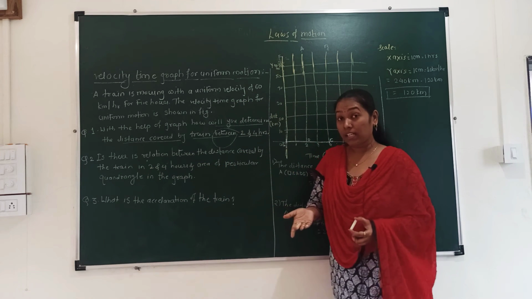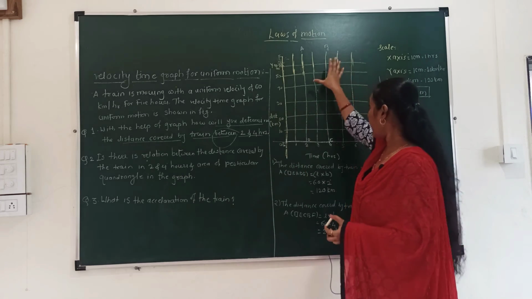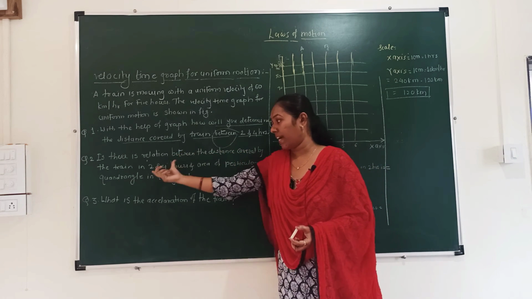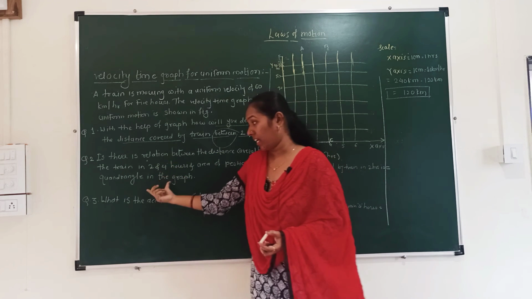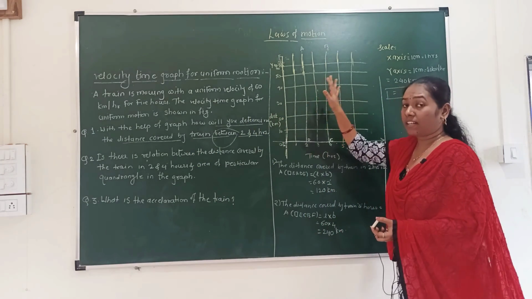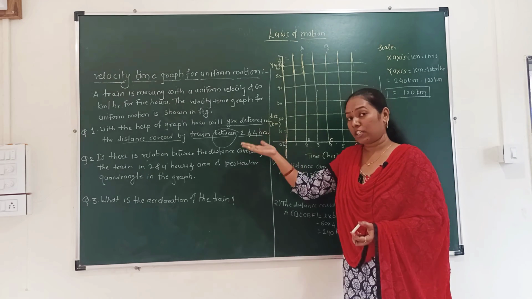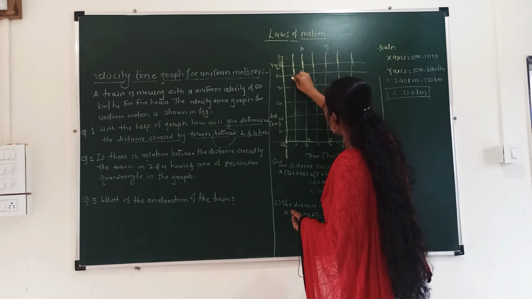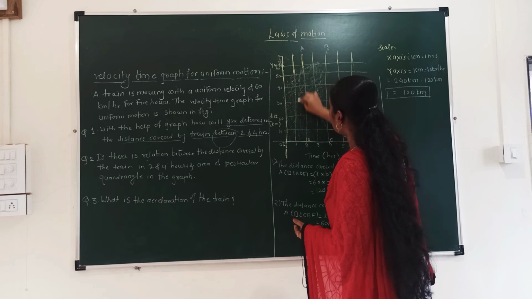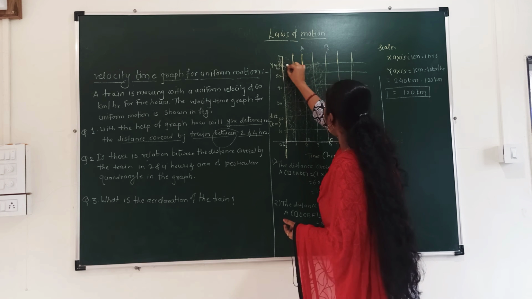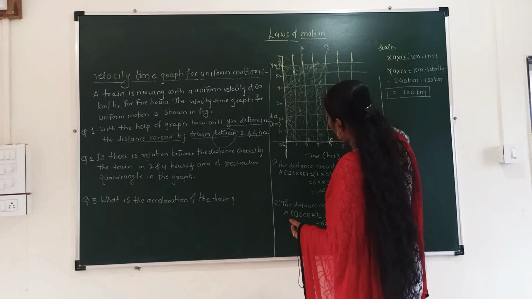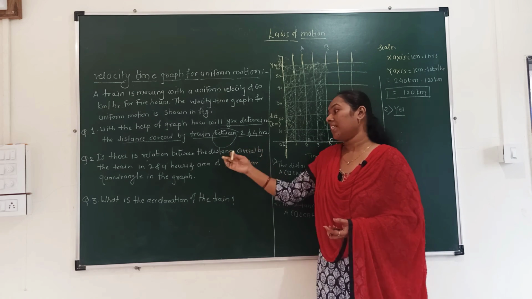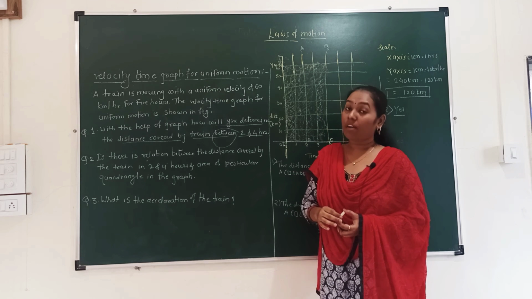The answer is yes. There is a relationship between the distance covered by the train in 2 and 4 hours and the particular quadrangle, because the distance covered by the train is nothing but the whole area of this quadrangle. So the answer of question number 2 is yes.